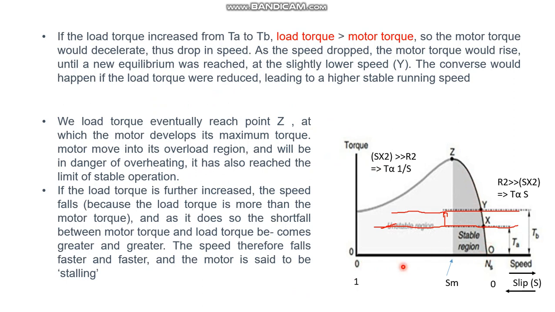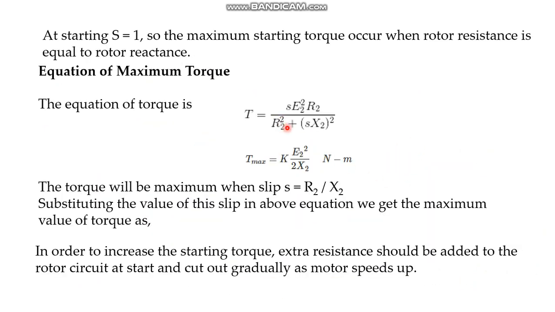This is the slip axis, this is the torque axis, and the torque-slip characteristic increases linearly like this. I am just shifting the torque axis to this side. Here the slip value is larger, so s X2 whole squared is greater than R2 squared, and we neglect R2 squared. After cancellation, torque is proportional to 1 by s.